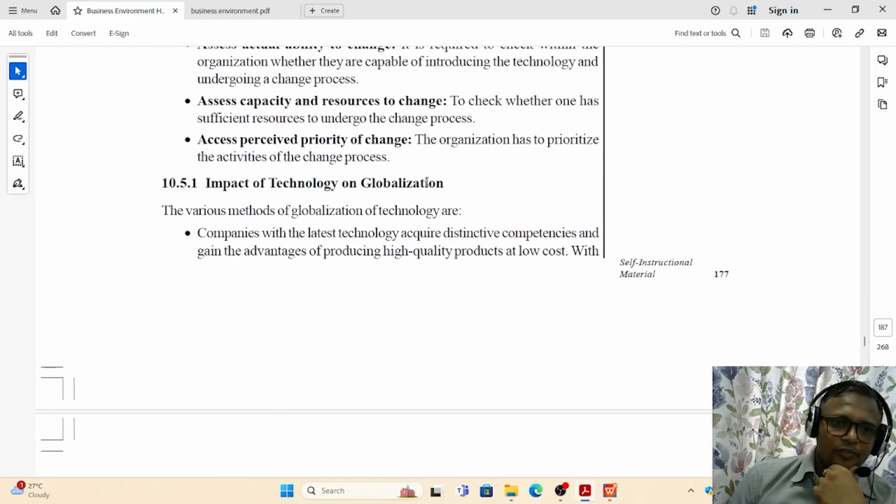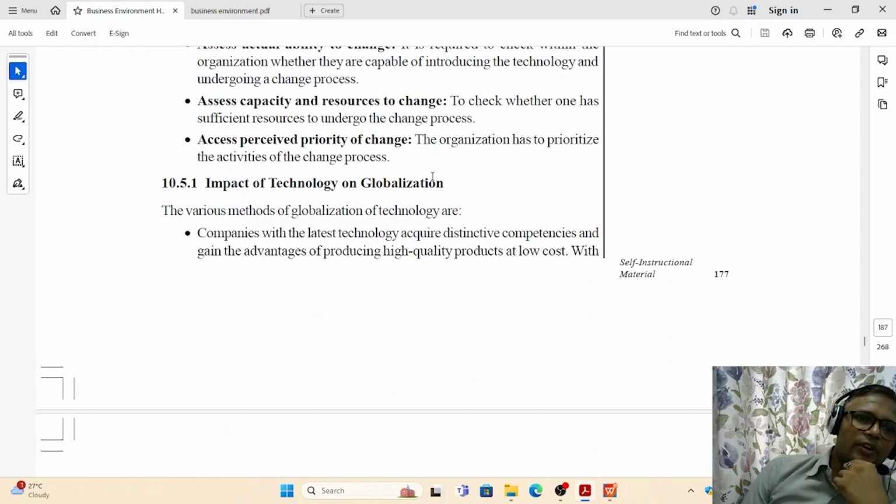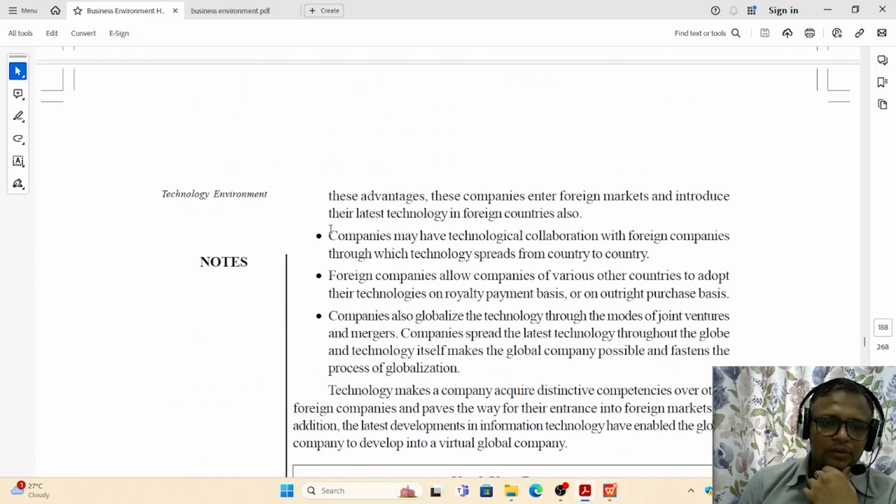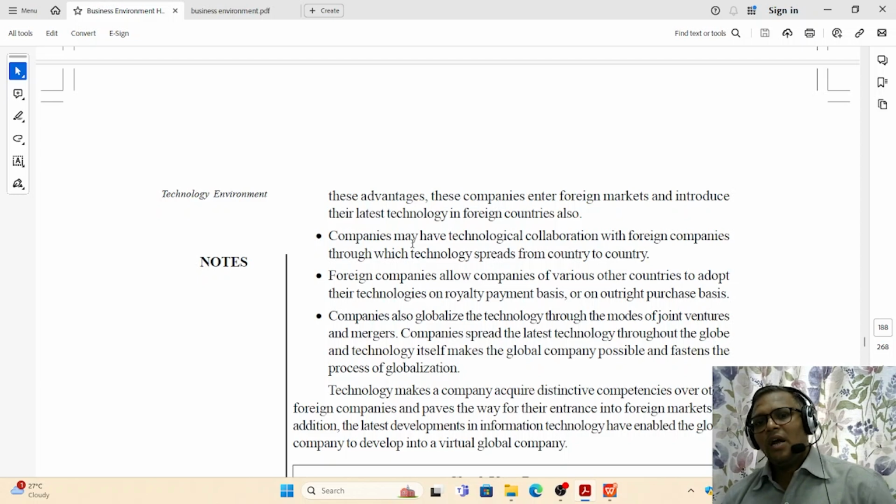Next is the impact of technology on globalization. There are various methods of globalization. Companies with the latest technology acquire distinct competencies and gain the advantage of producing high quality products at low cost. With this advantage, the company can enter the foreign market and introduce their latest technology in foreign countries also.